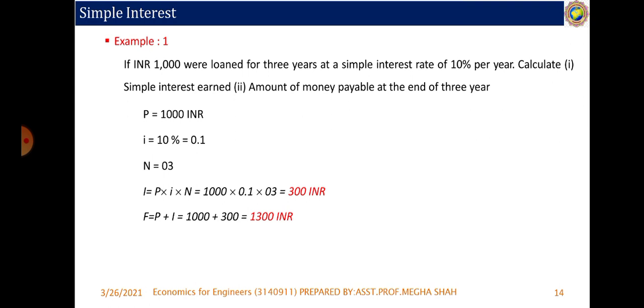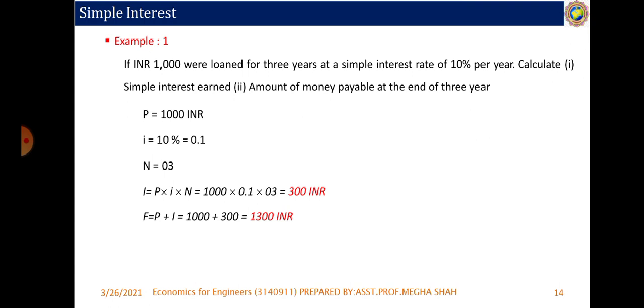I means percentage. What is the interest rate? Our interest rate is 10%. If we remove the percentage sign, we can also denote it like this, 0.1. N means how many years? We loaned 1000 rupees for 3 years. So N is equal to 3. Now first I am calculating the simple interest.